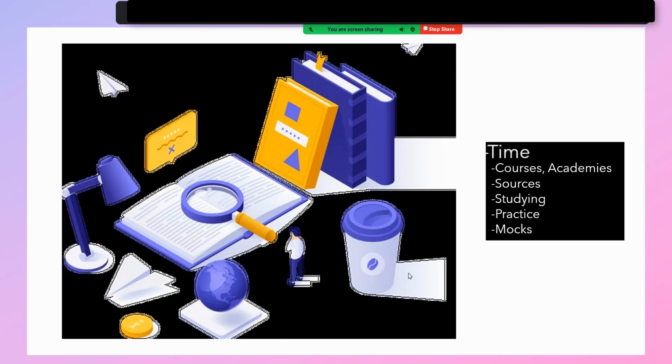The average time to study is 3 to 5 months. 3 to 5 months is ideal. Less than 3 months, you put yourself at risk of failing the exam. In my course, I have 2 study plans. One is for 2 months, and this is mainly for repeaters.